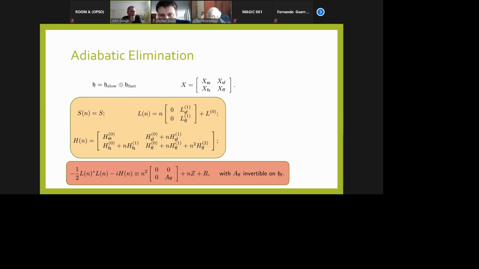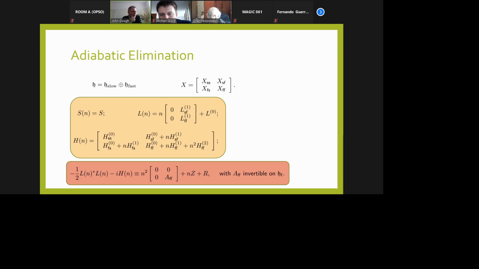A somewhat clearer way of describing this is as follows. This really came out of work with Hendra Noorden, where we were trying to understand what was going on in the adiabatic elimination models.